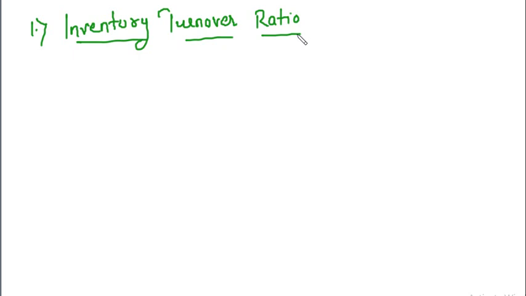Here again, we have to establish a relationship between two things. Right? Under the inventory turnover ratio, we have to again establish the relationship. What is the relationship that we have to establish? We have to understand that.